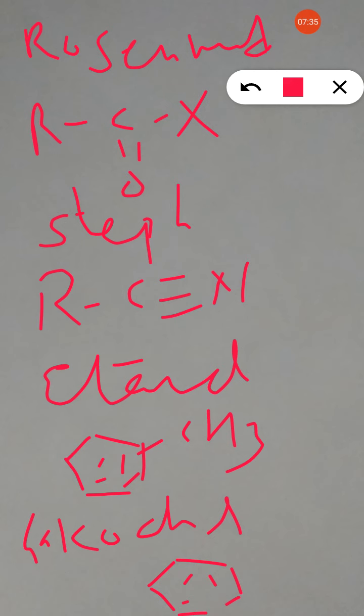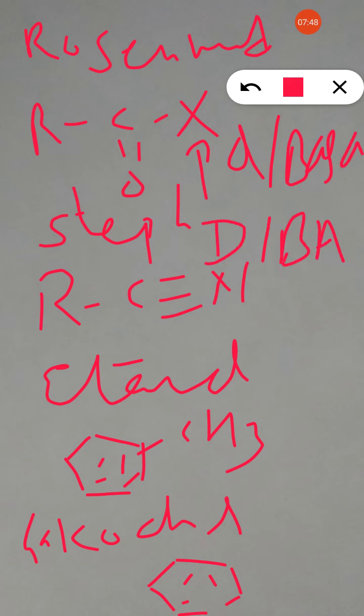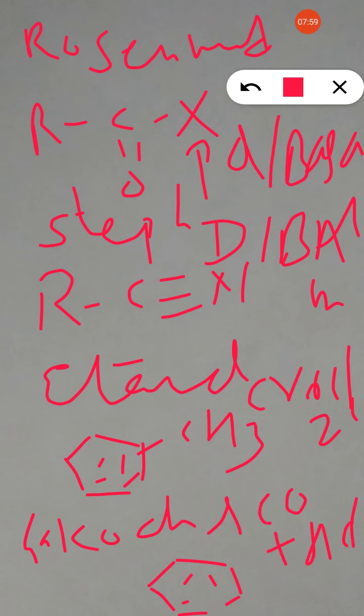Now you have to remember these starting materials. Then in Rosenmund, which catalyst is to be used? Palladium in barium sulfate. Stephen, DIBAL-H. Etard, CrO2Cl2. Gattermann-Koch, carbon monoxide and hydrochloric acid is to be used, so that we will get aldehyde only. That is the preparation of aldehyde by the methods Rosenmund, Stephen, Etard and Gattermann-Koch reaction.